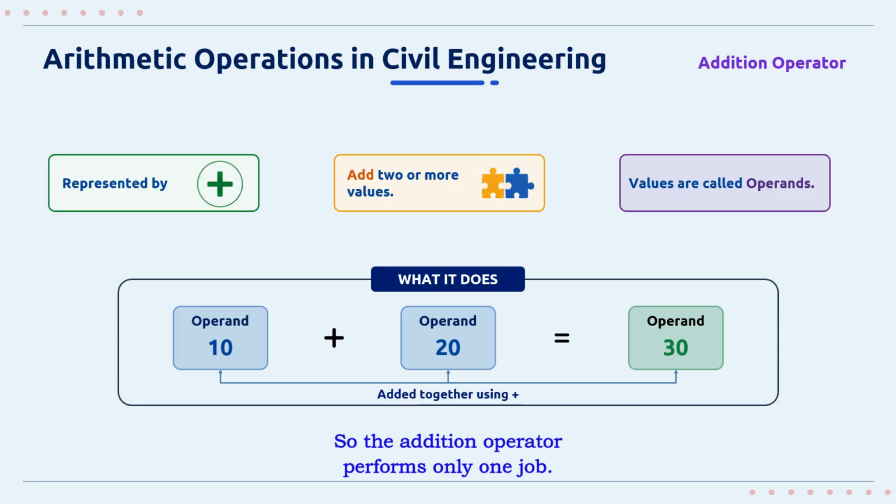So the addition operator performs only one job, that is, it combines the values of the operands by adding them together. So remember one simple rule: the plus sign tells Python to add the values of the operands.